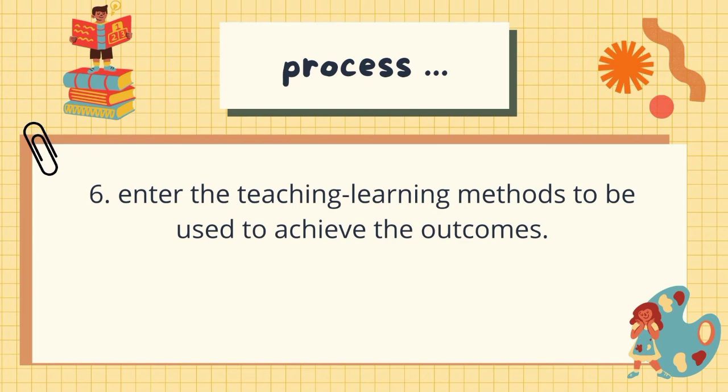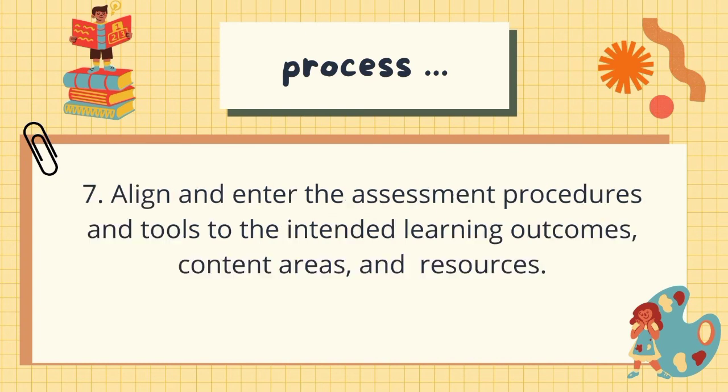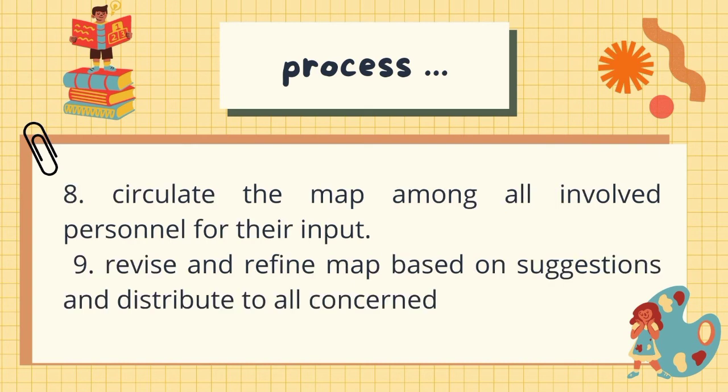Enter the teaching-learning methods to be used to achieve the outcomes. Step 7. Align the assessment procedures and tools to the intended learning outcomes, content areas, and resources. Step 8. Circulate the map among all involved personnel for their inputs. Step 9. Revise and refine the map based on suggestions and distribute to all concerned.